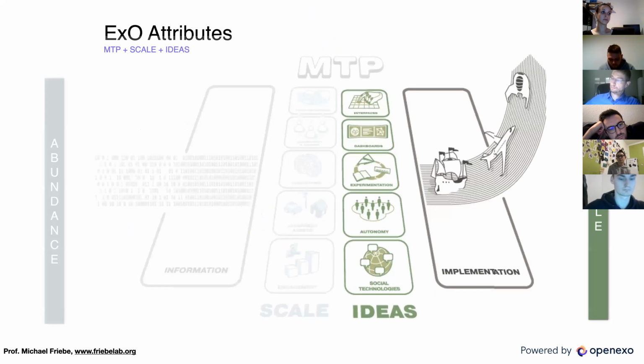Then you also have these internal attributes. We don't want to talk about this at the moment, but you need to implement structures in your setup that allow for experimentation, that give you enough autonomy to actually try these experiments out. Dashboards are where you see the results and where you have to invest effort, where you have to make things better.